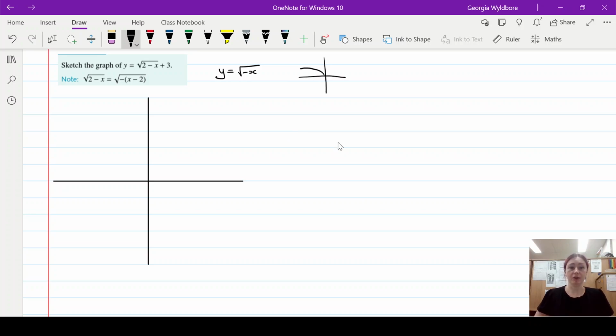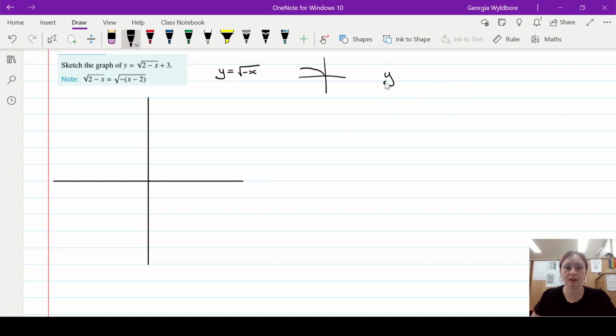Doesn't mean the numbers are not real. It just means that in our domain, we have to have negative x minus 2 be greater than or equal to 0, because that is why we don't cross the x-axis, because if it's less than 0, then it becomes undefined because we're trying to square root a negative number. We don't want that. So our endpoint here, if we think of it as the graph of y equals the square root of negative x minus 2, we obviously have a k value of 0 because we've added nothing on the end.